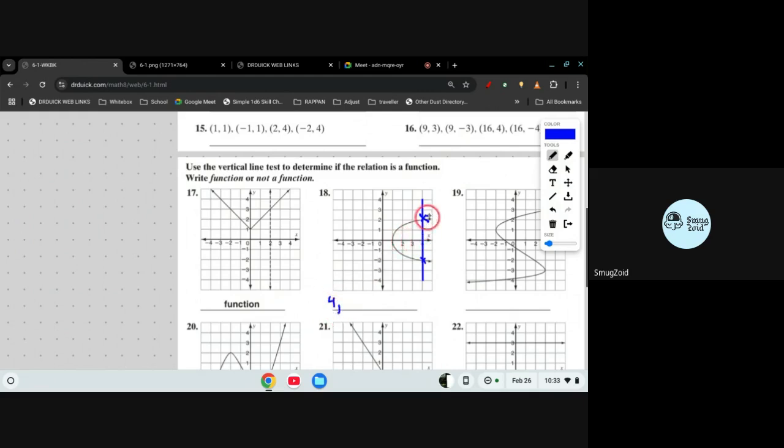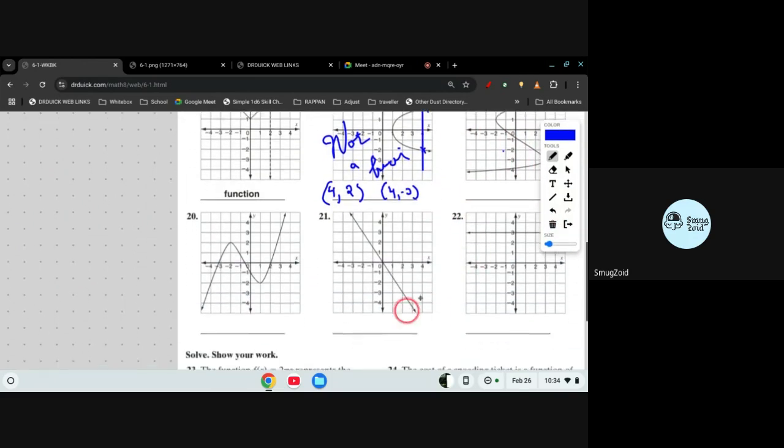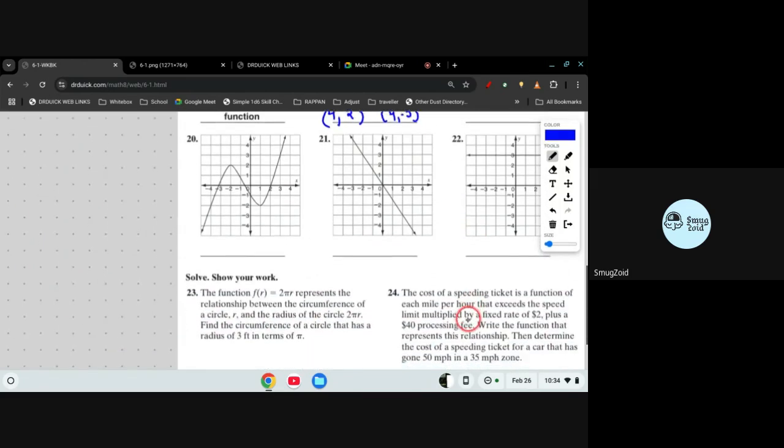And then my y value in the first case would be 4, 2, and it's also 4 and -2. So this is not a function, okay? That should be fairly apparent. You draw a line and it covers two different parts of the curve, and there's no way it's a function. You can look at these and figure these out, right?